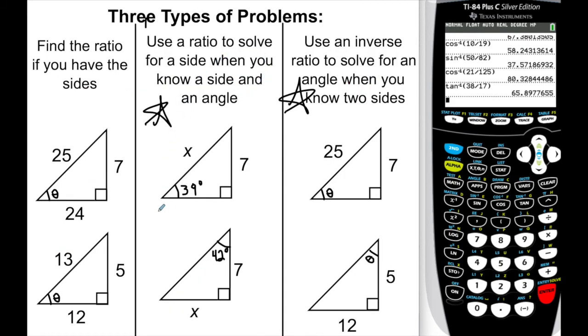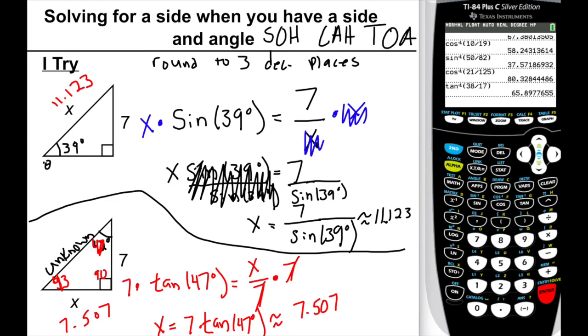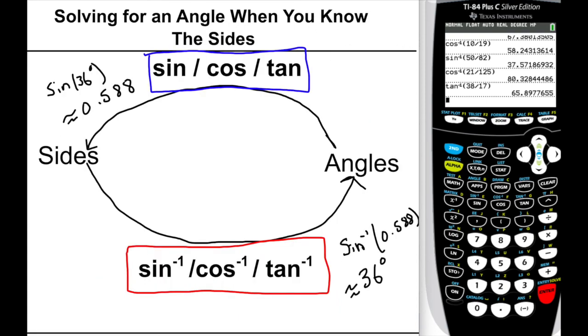We talked about the three types of problems overall that we see generally when we talk about sine, cosine, and tangent. All right, and then we walked through two of them in specific. What happens when we have a side and we need another side, or what happens when we have a side and angle and we need to find a side, and what happens when we have a couple sides and we need to use the inverse sine, cosine, or tangent to find the angle.